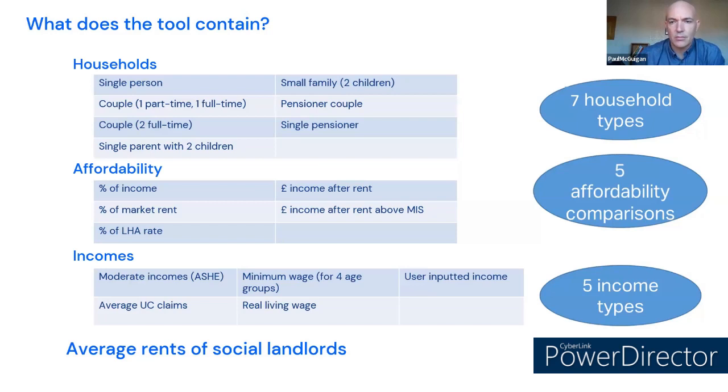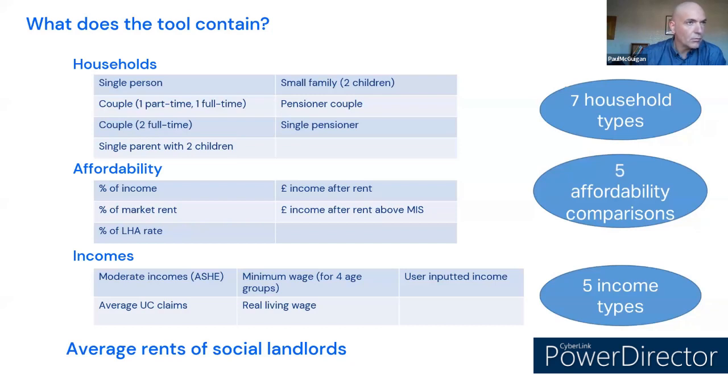And then with the income types, we came up with things that you'll be familiar with: the real living wage, the average universal credit claimants at the time, the minimum wage as well for specific age groups. Then we looked at moderate incomes in terms of the annual survey of hours and earnings, which differs across the country, and there are different percentiles within the ASHE definitions that you can use.